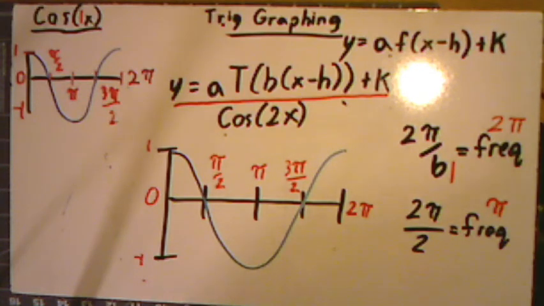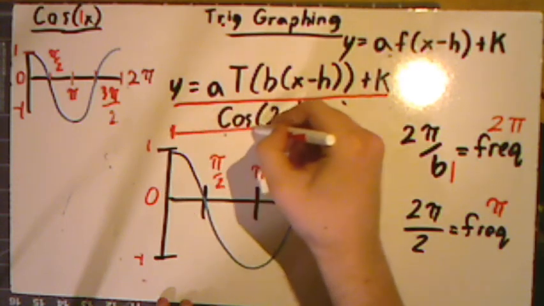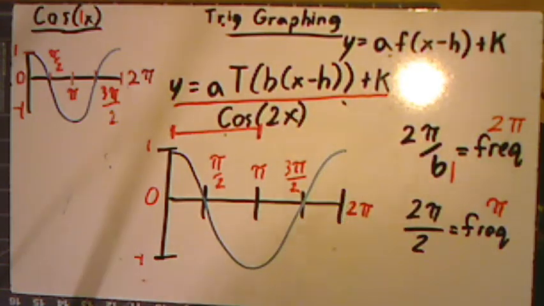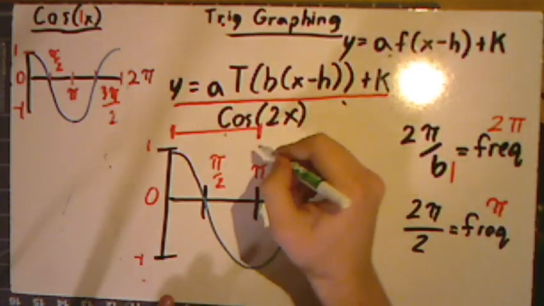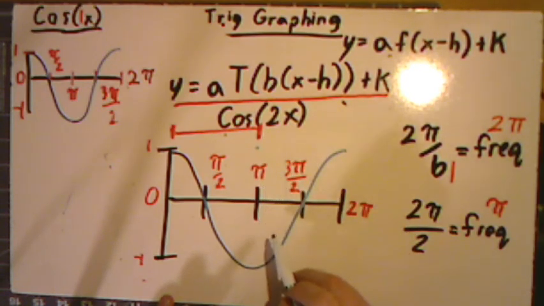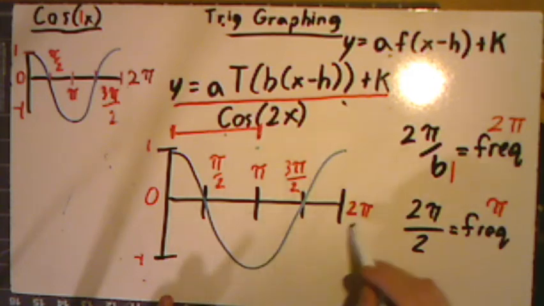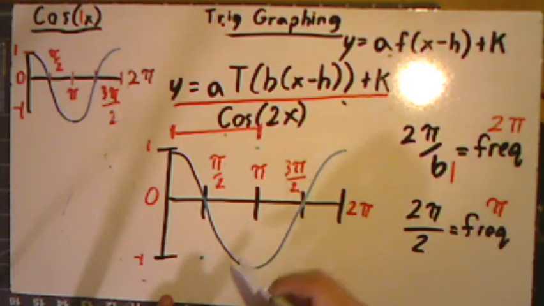So from peak to peak, we should start our peak here and end our peak there. So we need to draw all of this within that space alone. So at our halfway point, like we would at 2 pi, half being pi, is where we have our minimum.